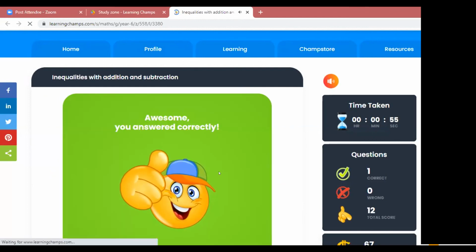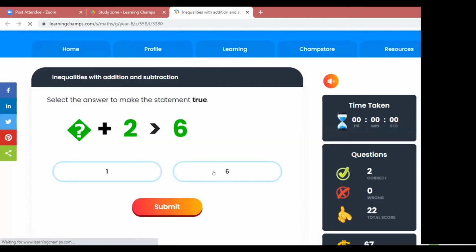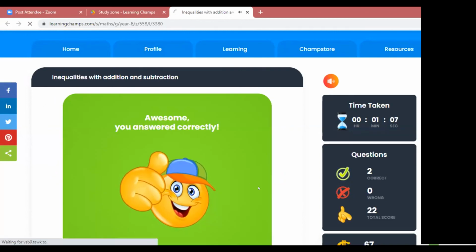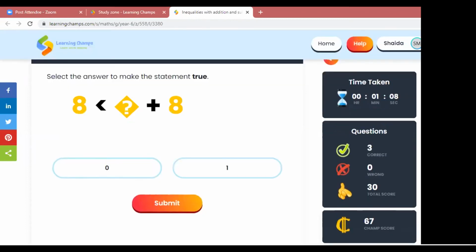Very good. Shakir, what's the answer for this? 6. Okay. So you got how to do this, right? Yes, teacher. Let's look at the other one.